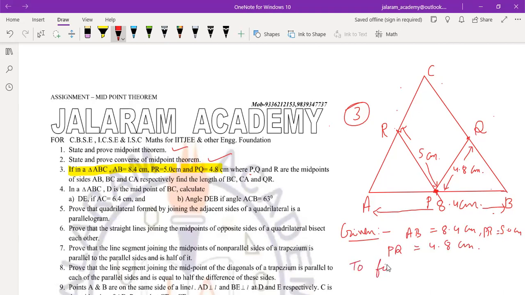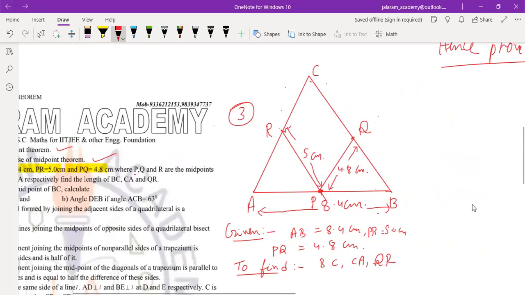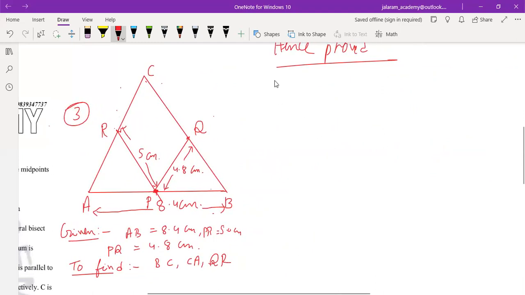And to find, what we have to find? BC, CA, and QR. So where is BC? It is the base of triangle ABC if we take A as the vertex. So AB and AC are the other two sides if we take BC as the base.